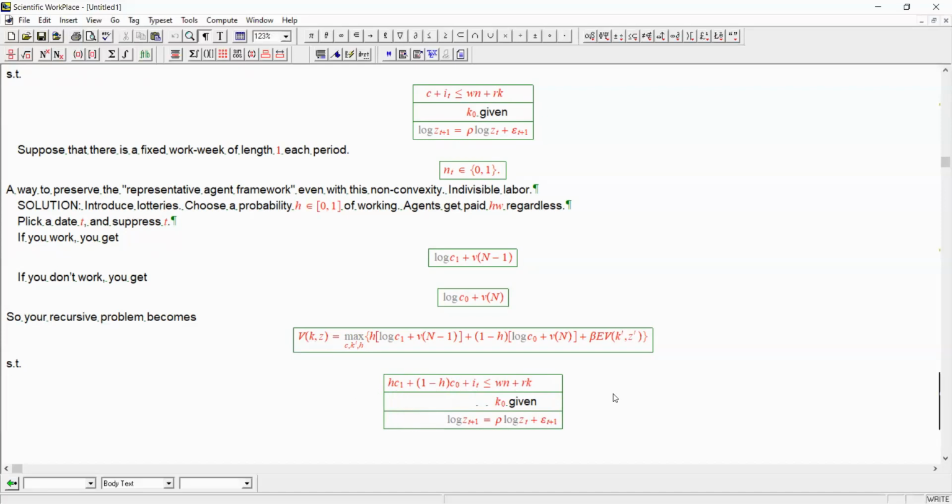It's just that you find out at some point whether or not you get to work based on the realization of this randomization device that we're using. And what does that mean? Since everyone gets paid the same, it must be that C0 equals C1.